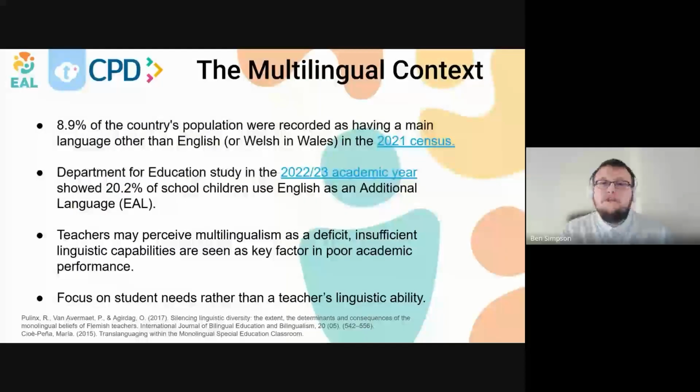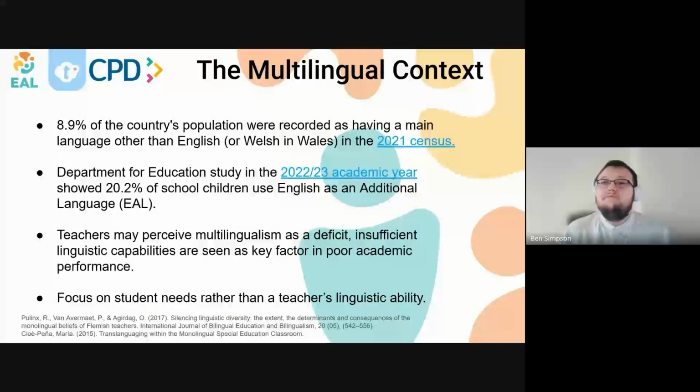So the multilingual context. So we're with lots of international people, but we're focusing a little bit on the UK because that's where my area of expertise is from, but probably in a lot of countries such as Canada, there will be a big multilingual context there as well. So it's clear that the UK is becoming increasingly diverse linguistically and culturally.